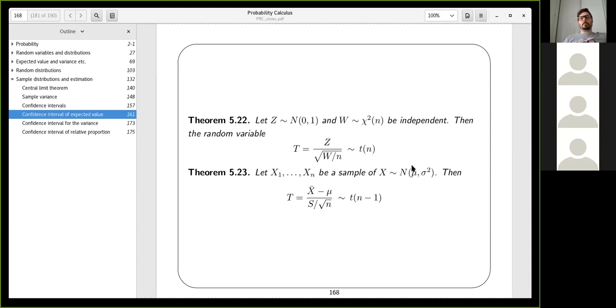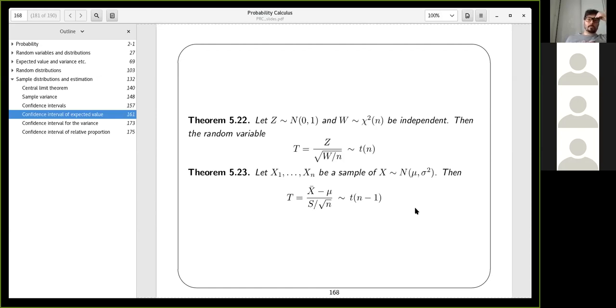The important theorem here: if we have a N(0,1) distributed variable Z and a chi-squared distributed variable W with n degrees of freedom, and they are independent, then the random variable Z divided by the square root of W over n turns out to be a T_n distributed random variable.